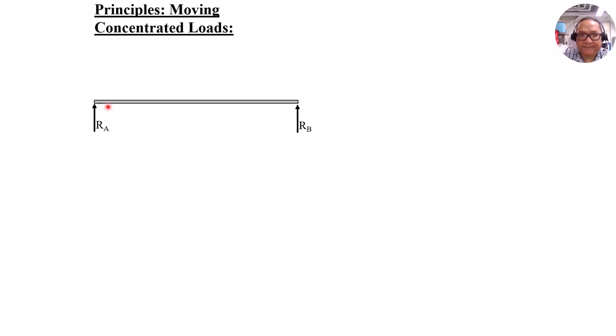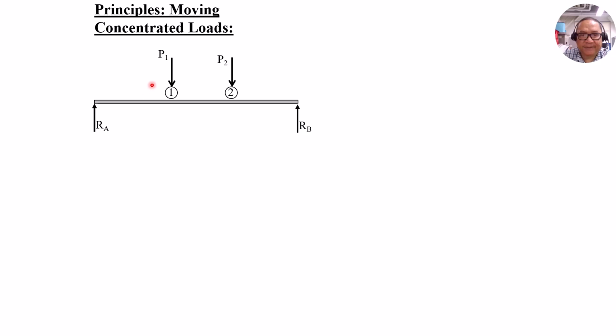It may be indeterminate beams, but for strength of materials, we'll have determinate beams. You can encounter composite beams and indeterminate beams in structural theory. So let's have two moving live loads, P1 and P2.